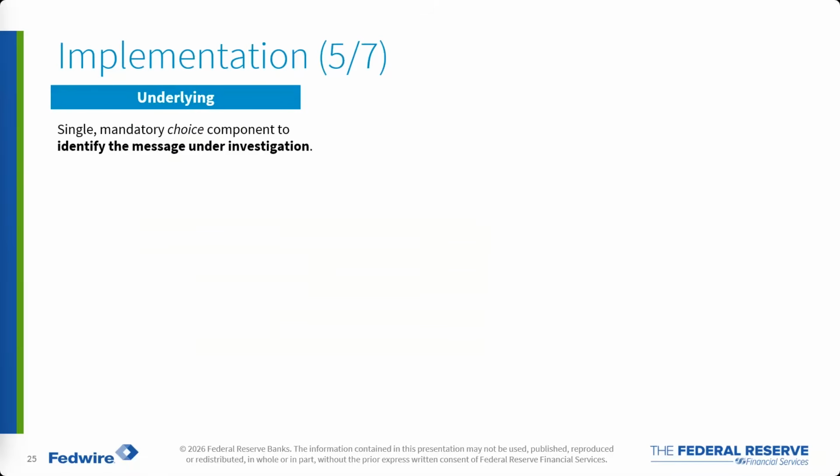Underlying: not that much has changed in this component, where you identify the transaction under investigation by a series of reference elements of the original transaction that you're investigating. We have heard your feedback that sometimes you may not have these references as you want to trigger an investigation.